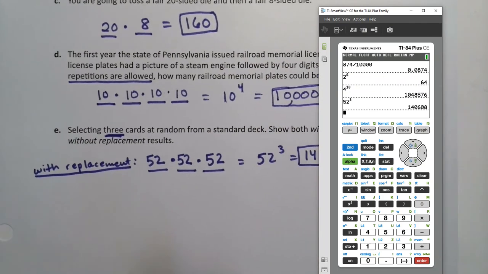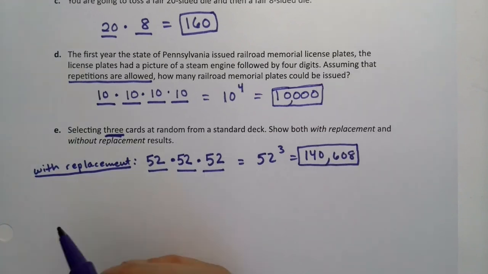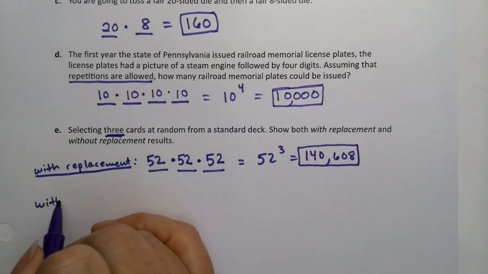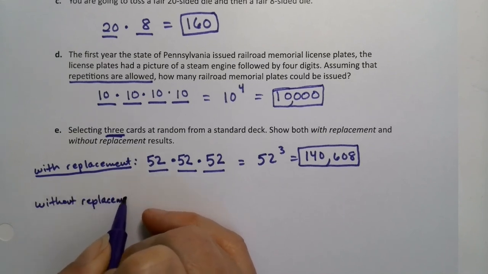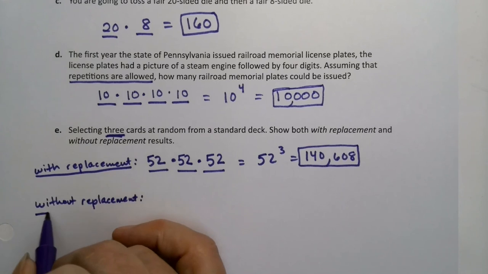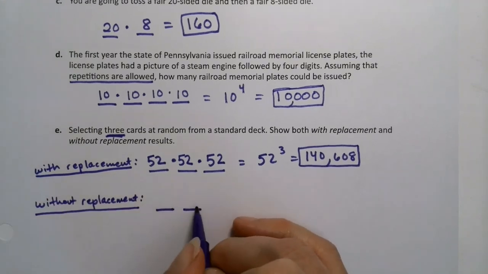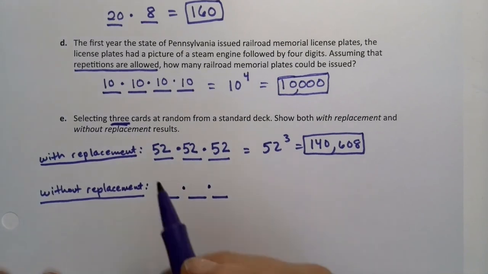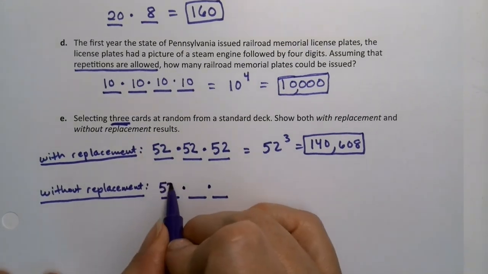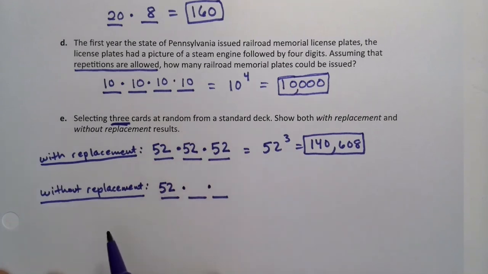All right, now what if you take it without replacement, which is much more how card games are actually working, right? So if we say without replacement, it's still 3 choices because you're still selecting 3 cards, and you're still going to multiply because it's the multiplication rule of counting. But the first option, you have 52 cards. But once one card is dealt to you, there's less cards in the deck.